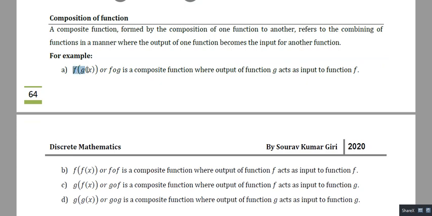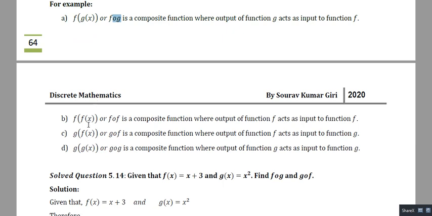So f of g of x, in short we also write as f of g. It means the output of the function g of x will be input to the function f. Similarly, g of f of x means g of f, and so on.